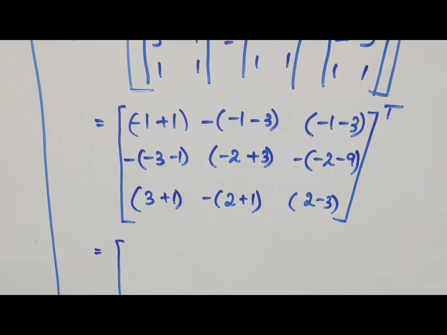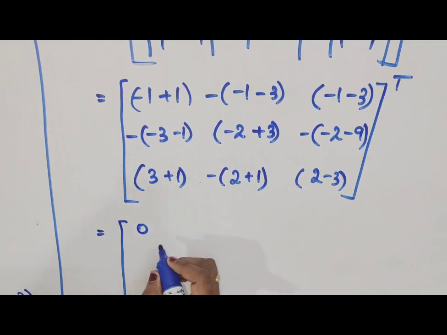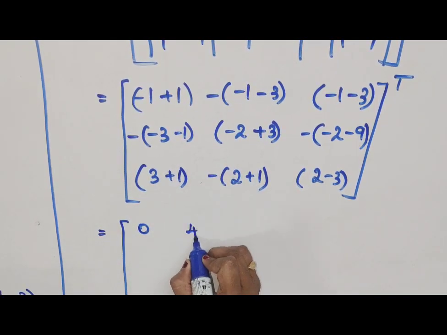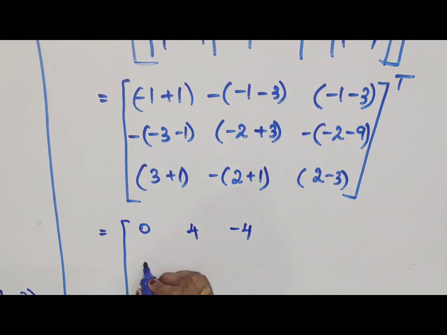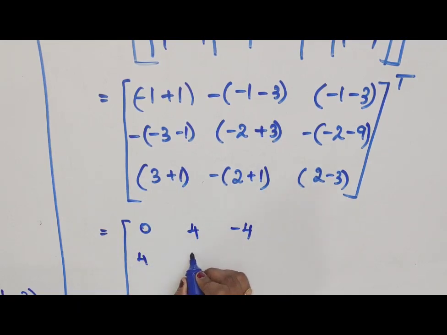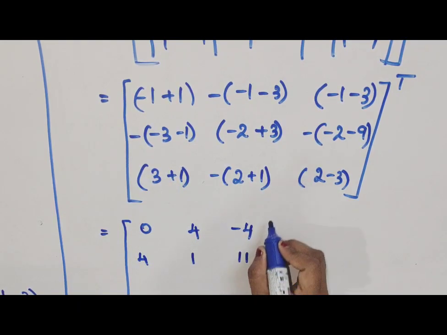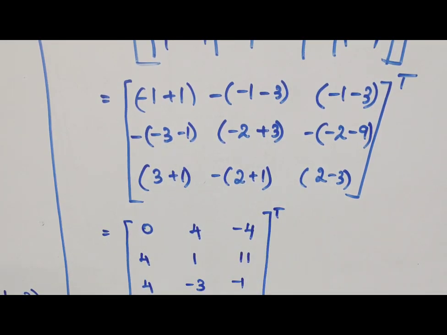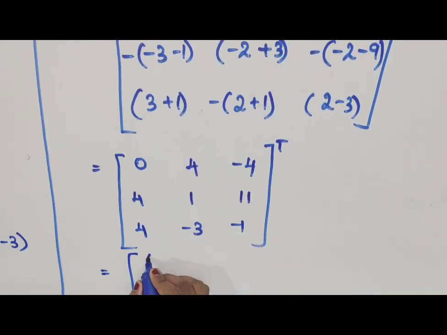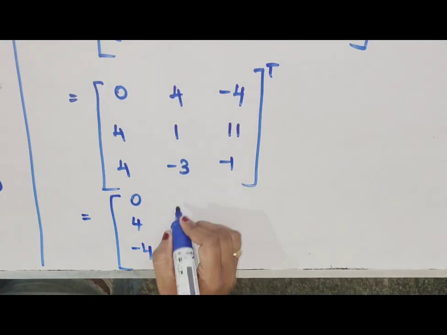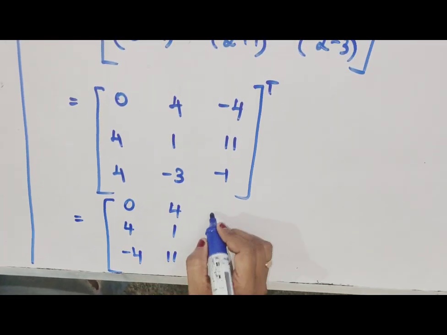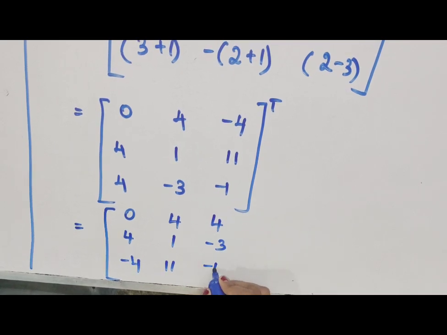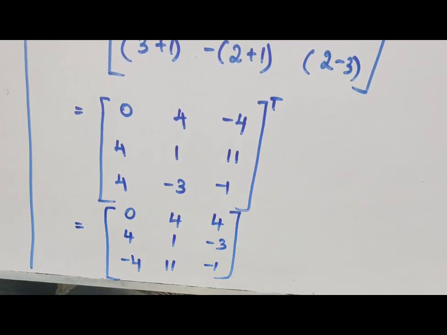So the first term will become 0. Next we have 4, minus 4, 4, 1, 11, 4, minus 3, minus 1, and we have to take the transpose, which is nothing but 0, 4, minus 4, 4, 1, 11, 4, minus 3, minus 1. Rows we have to make columns.